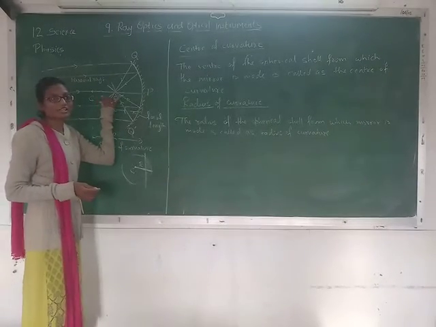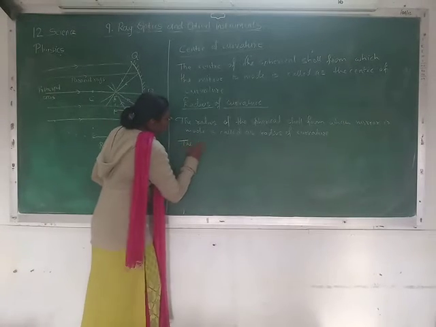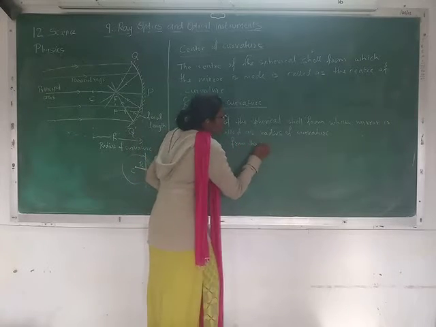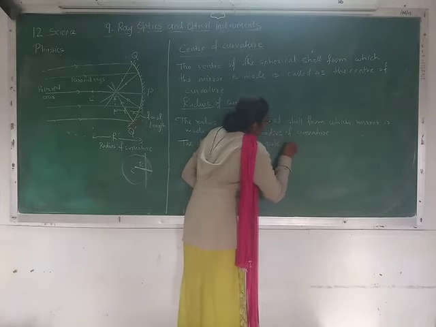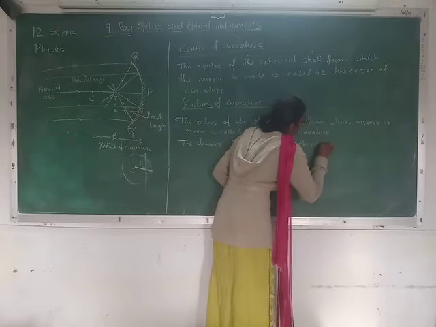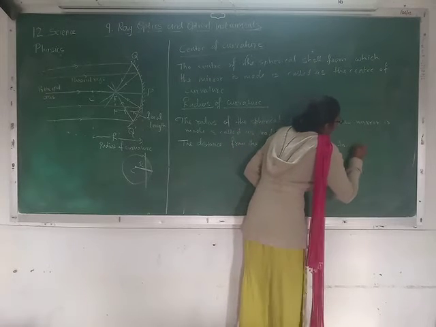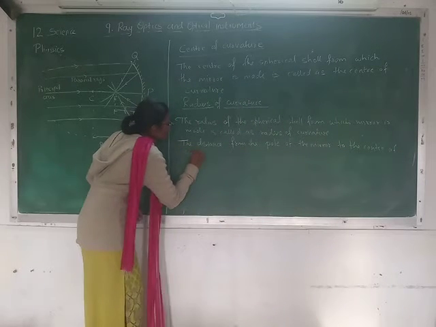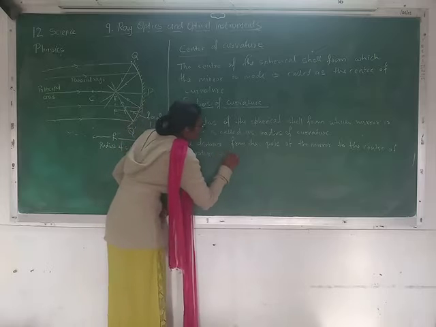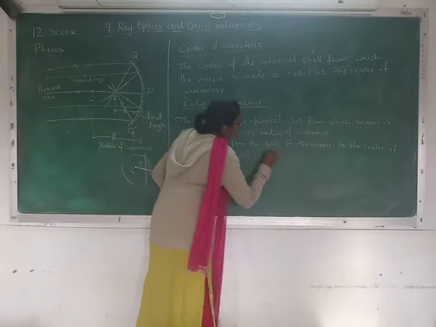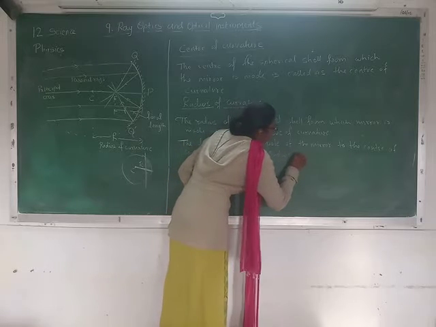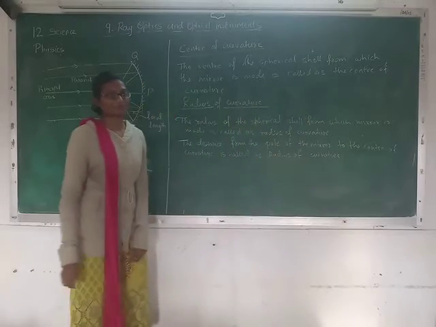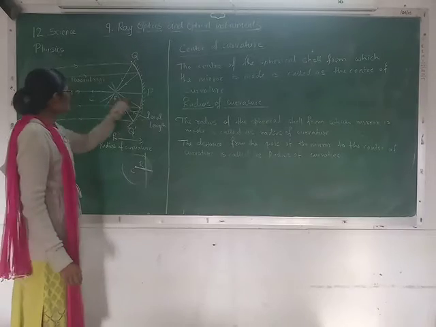This is the definition given in your textbook. The distance from the pole of the mirror to the center of curvature is called the radius of curvature.